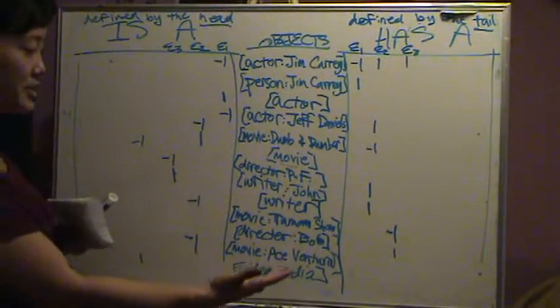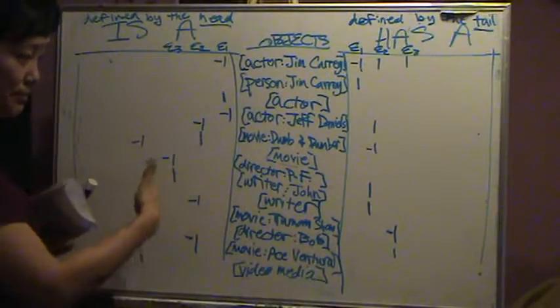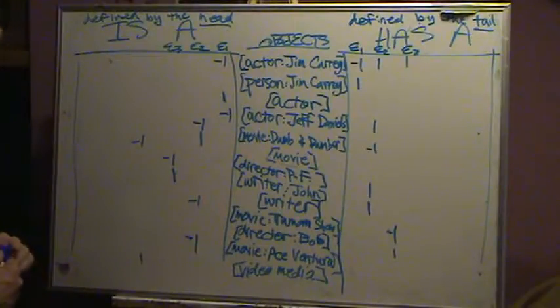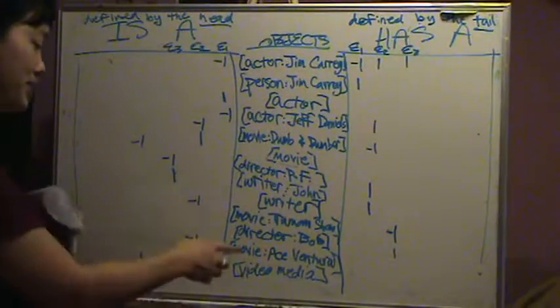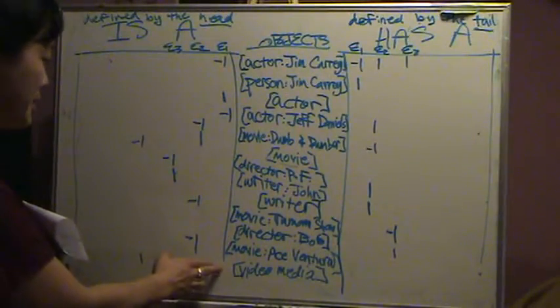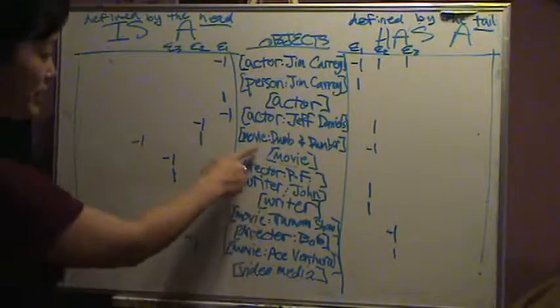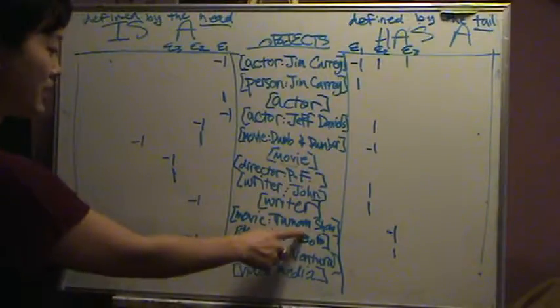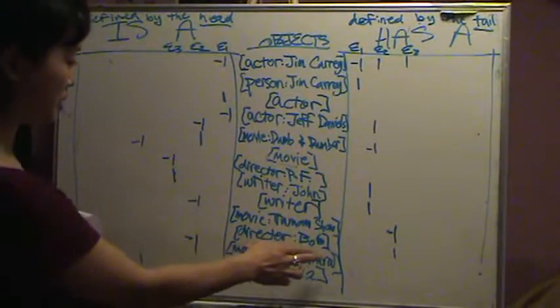try to find patterns and make assumptions about objects. For example, let's say we have movie Dumb and Dumber, which has director Peter Farley. We have movie Truman Show, which has a director, Bob.